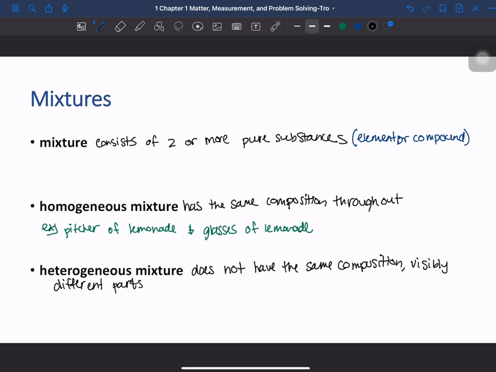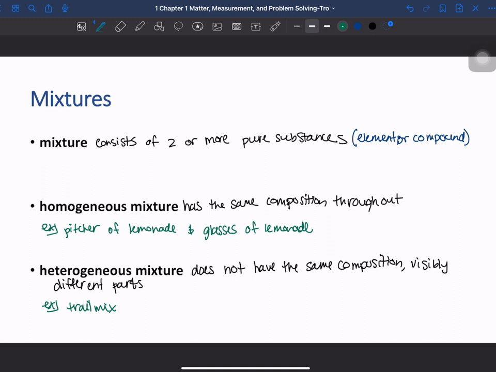An example of that might be trail mix. If you get different handfuls of trail mix, each one of those handfuls will be different as well. So with a homogeneous mixture, each sample you take from that mixture will also be the same. With a heterogeneous mixture, each sample you take from that mixture will be different.